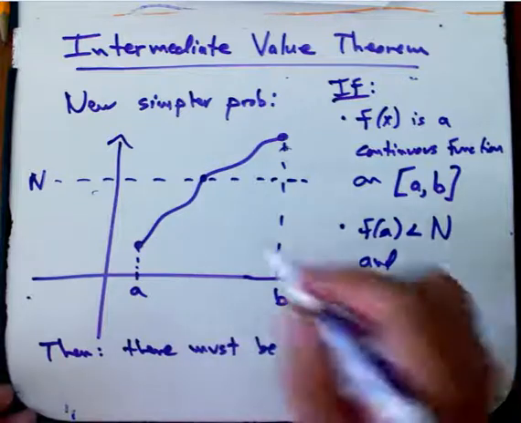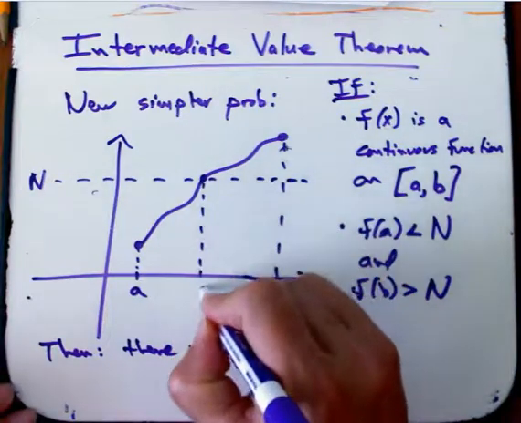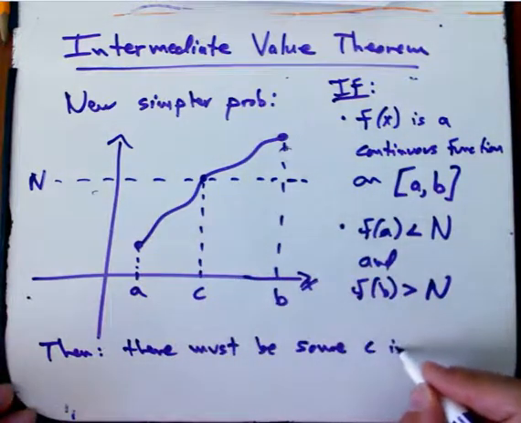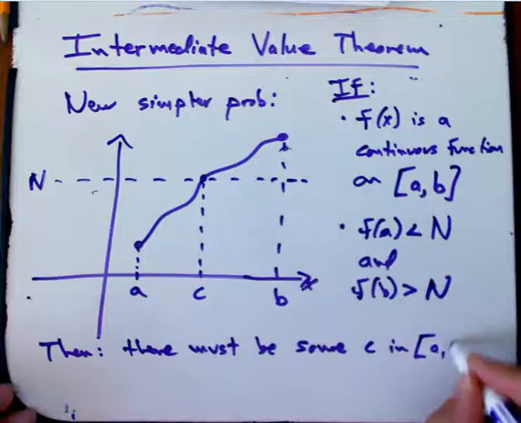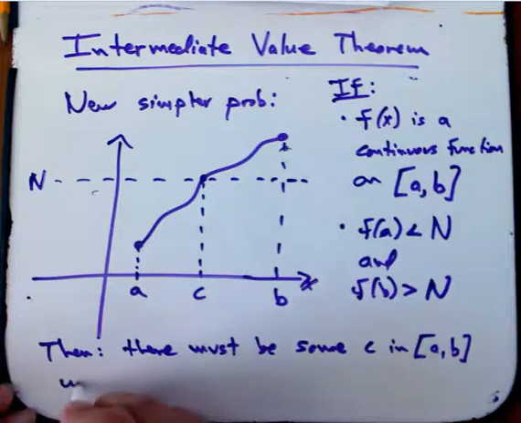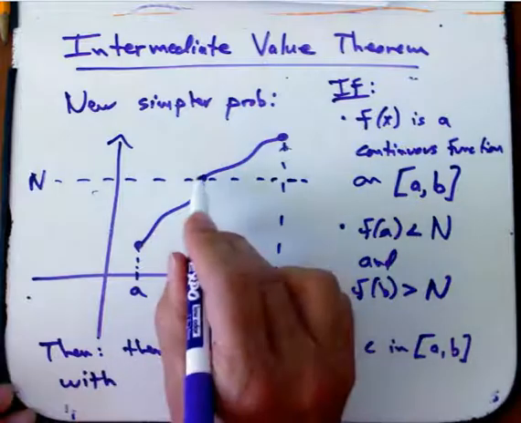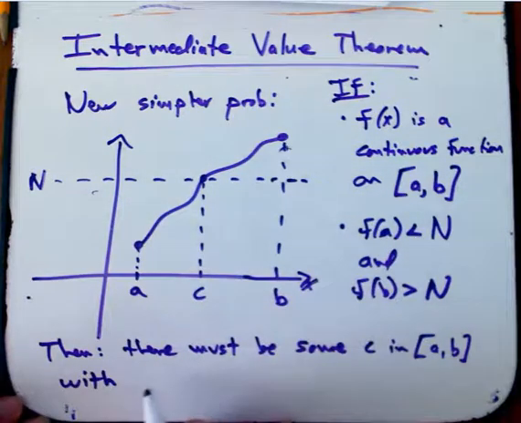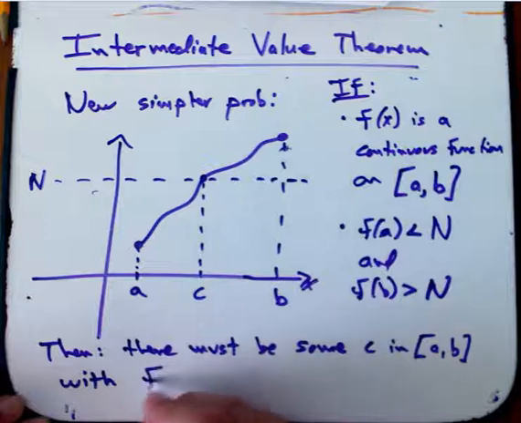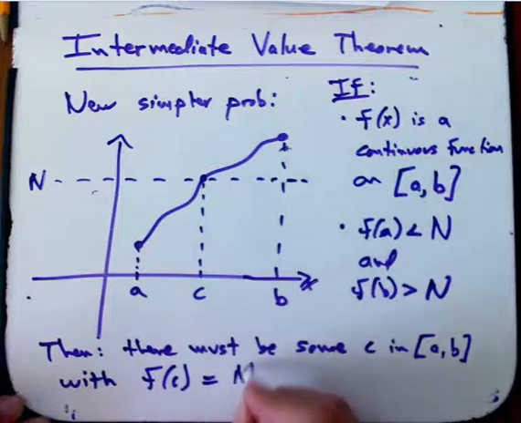There must be some, let's say, c in that interval where it crosses that line, and that just means f of c is equal to n.